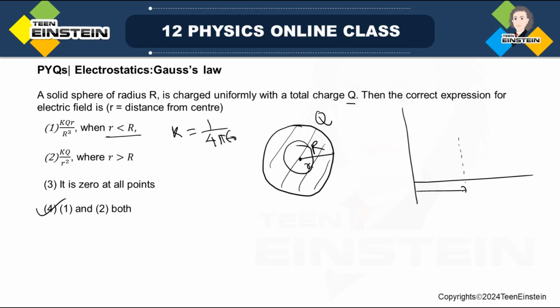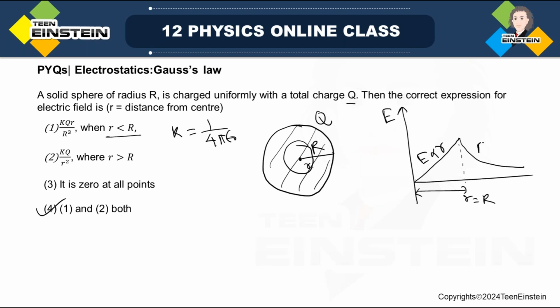Suppose this is up to the surface, where small r is equal to capital R. The electric field inside a solid sphere varies directly proportional to r, and outside the sphere it varies as 1 by r square.